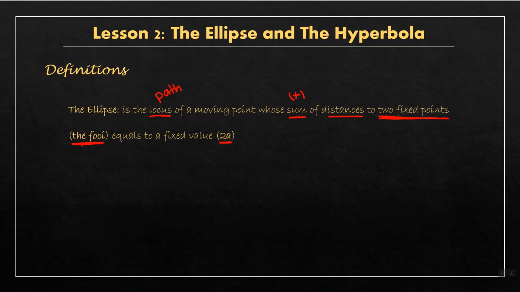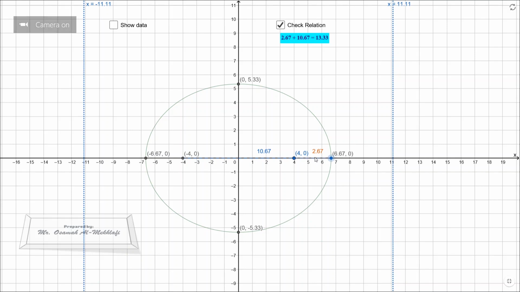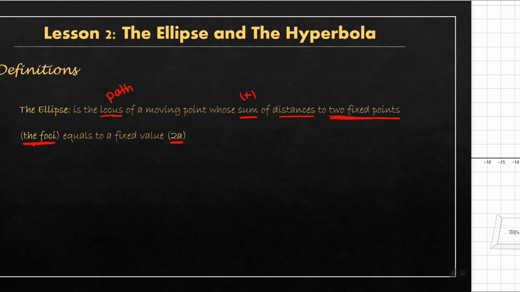So the ellipse is the path of a moving point whose sum of distances to two fixed points, or the foci, equals a fixed value which is equal to 2a. So this is an ellipse as we have seen in the previous animation, and this is the definition.